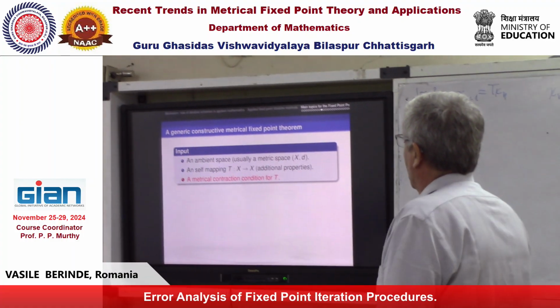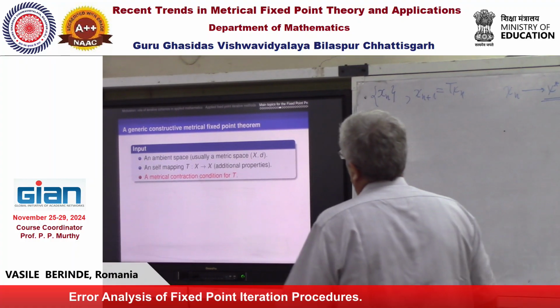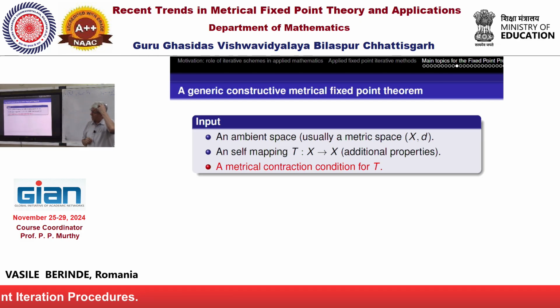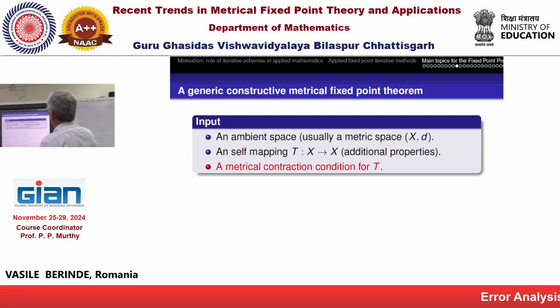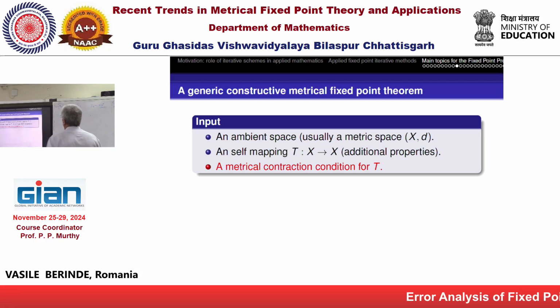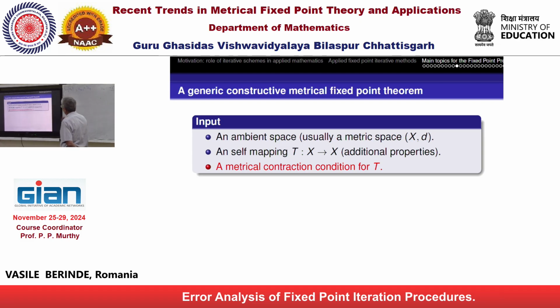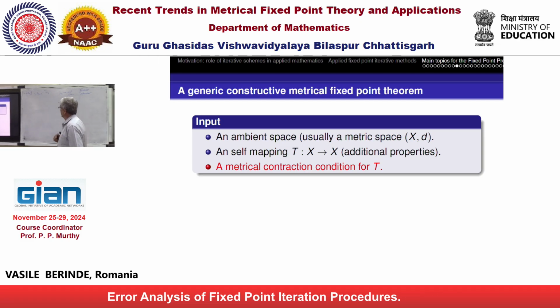In my philosophy, a generic constructive fixed point theorem, metrical fixed point theorem, will have the following features. So first, as input, we should have an ambient space, which will be a metric space or Banach space, any kind of spaces, usually topologic space.